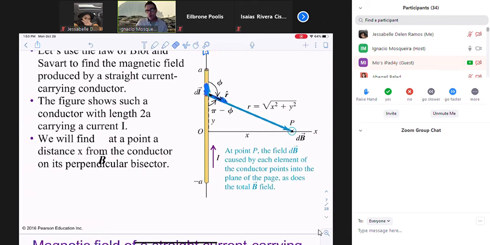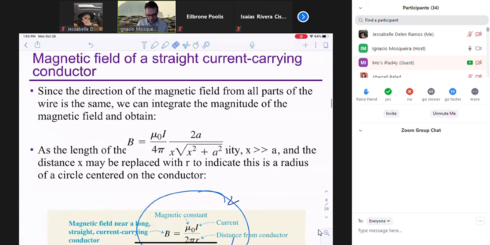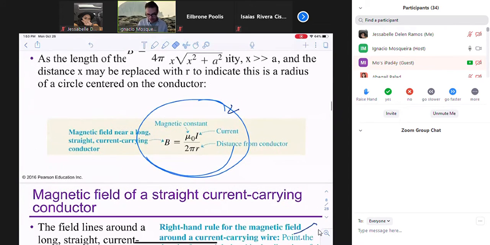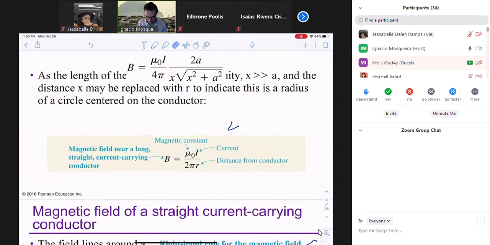The length of the wire is a variable, it's 2A, from minus A to A. So that A shows up in there. And then all they do is they say, let me go off and do some approximation, and from that they get this formula. So basically what they do is they make the wire infinite. Forget that. You could do it yourselves, that's fine, but you don't need to.